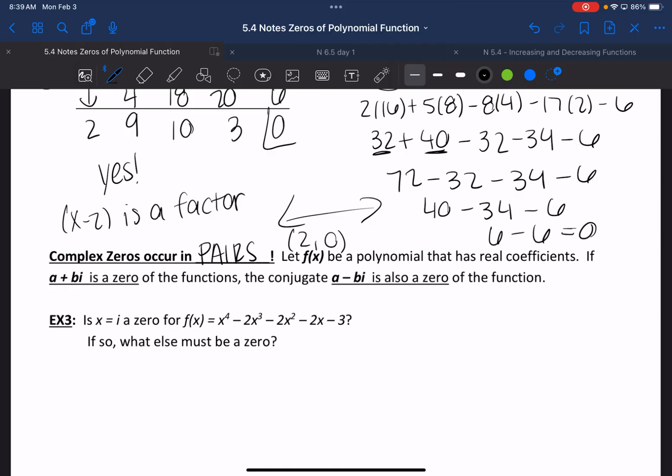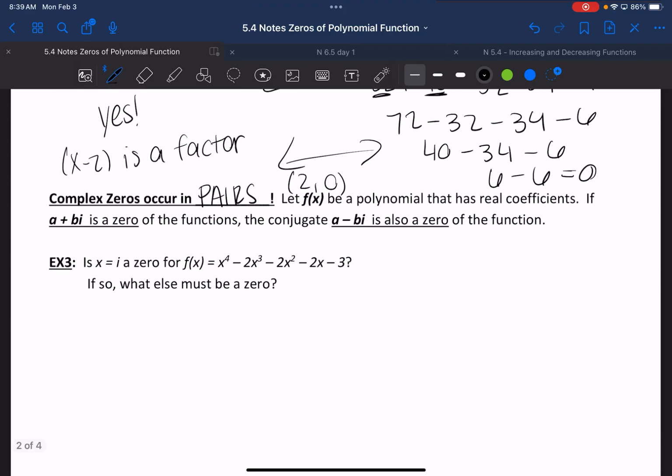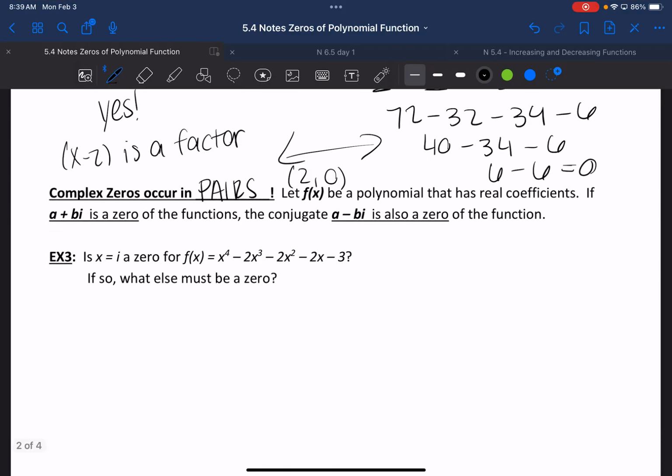It says, let f of x be a polynomial that has some real coefficients. So the numbers that are the coefficients are real numbers, not complex numbers. And if you get a plus b times i as a 0, then you should also get its conjugate, a minus b times i, as a 0 as well. Okay? So it says, is x equals i a 0 for this function here?